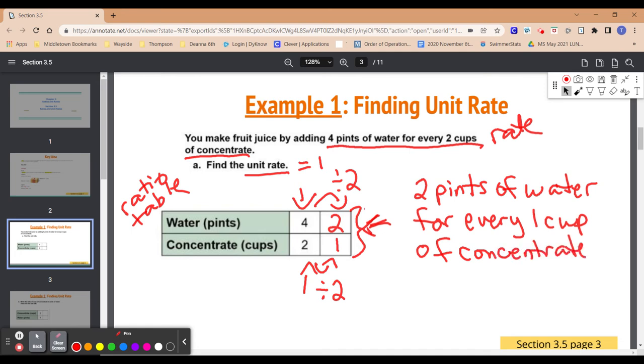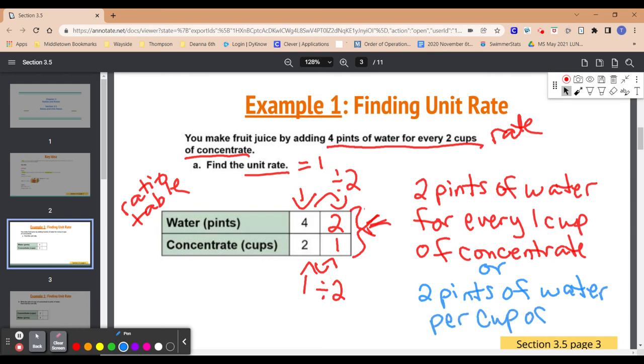You could also say 2 pints of water per cup of concentrate instead of saying for every 1 cup. All right, because remember, per means 1. All right, so let's go to our next example.